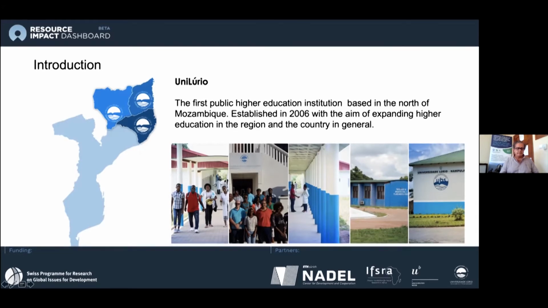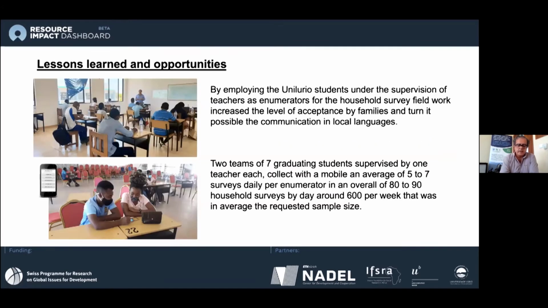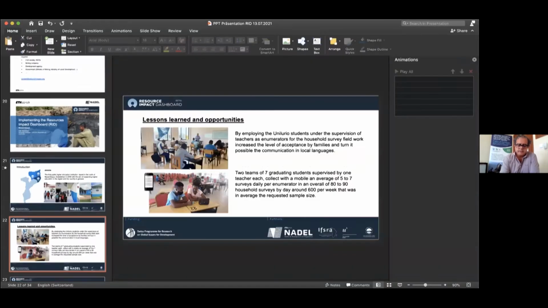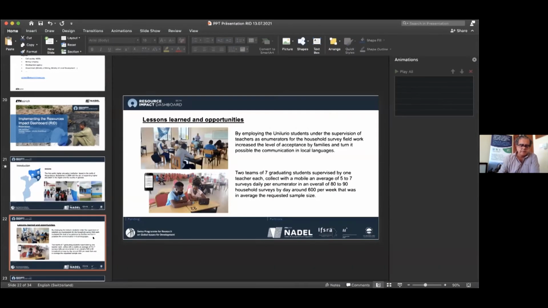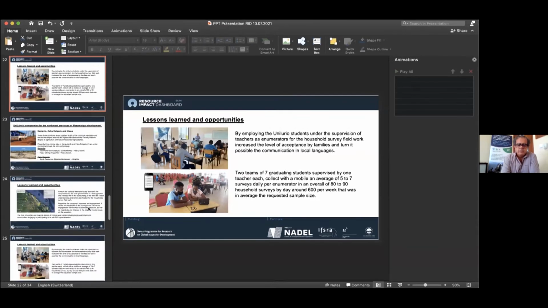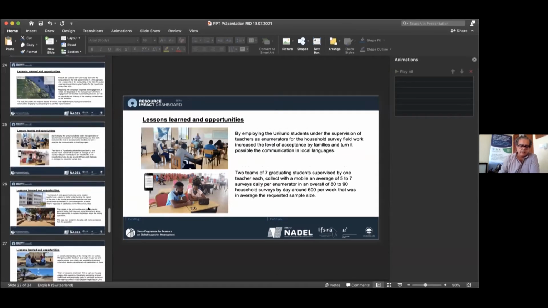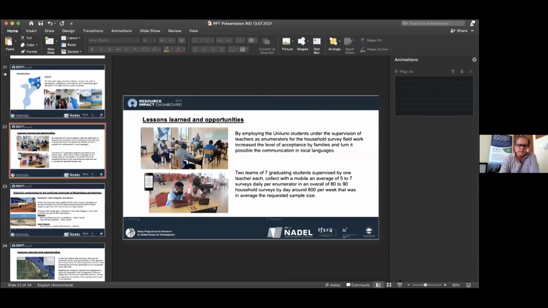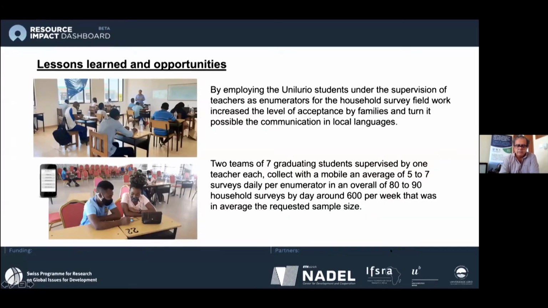Taking part in the RIDE implementation, joined with NADEL and Insuku in the research project measuring the development outcomes of resource extraction in producer countries, Lurio took the leading role in implementing the RIDE. This means the interaction with the local government, companies, and the communities, carrying out the household surveys in the surrounding mining sites to feed data for the RIDE.